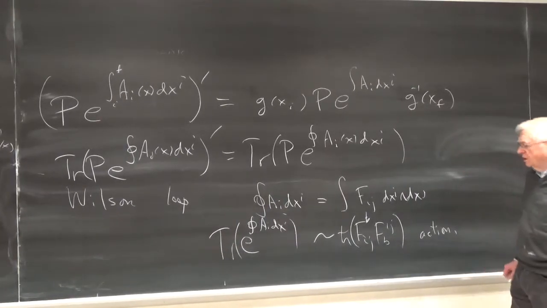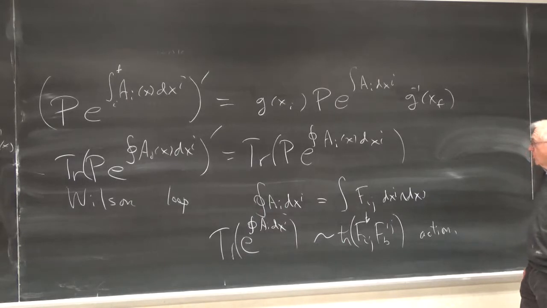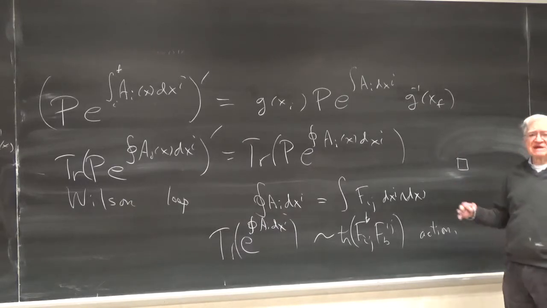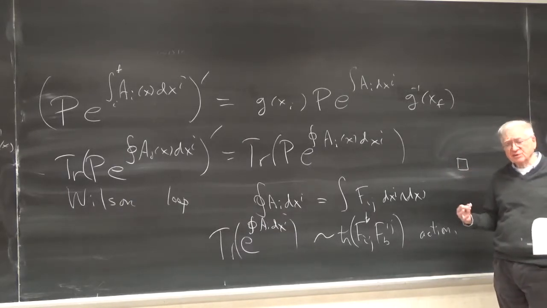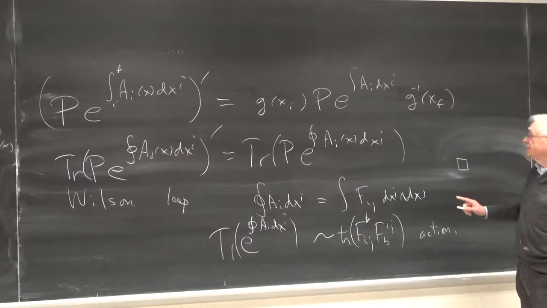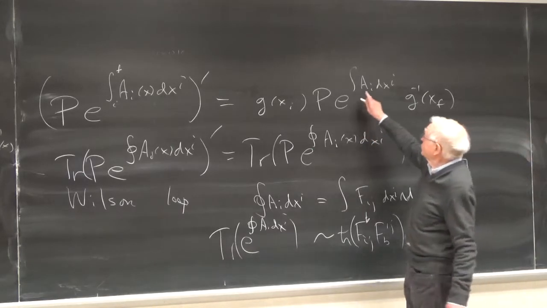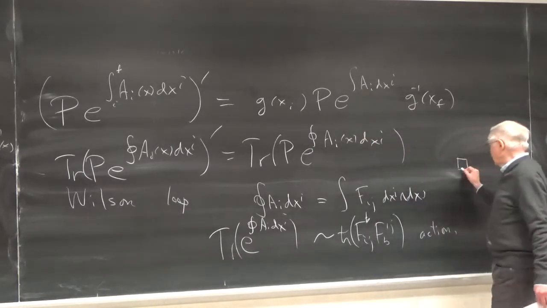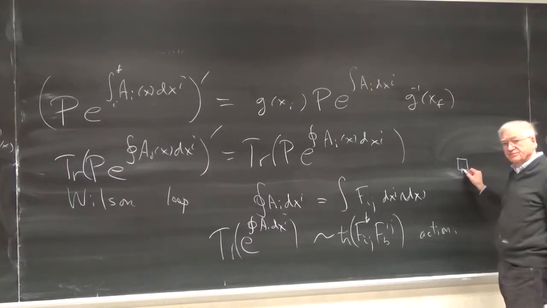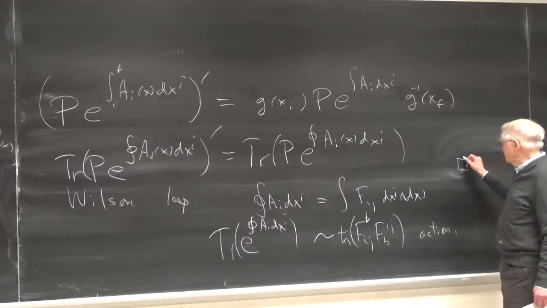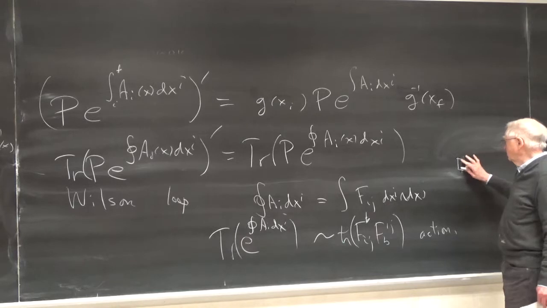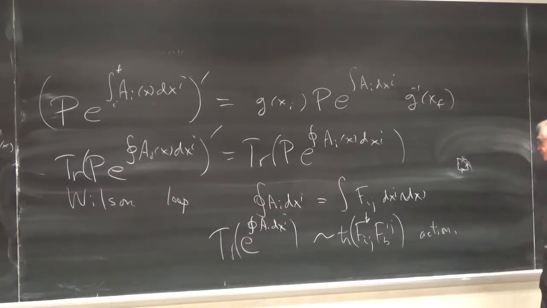And so Wilson's idea for lattice gauge theory was to divide space-time into hypercubes and then put a group element, a Wilson line, on each edge.